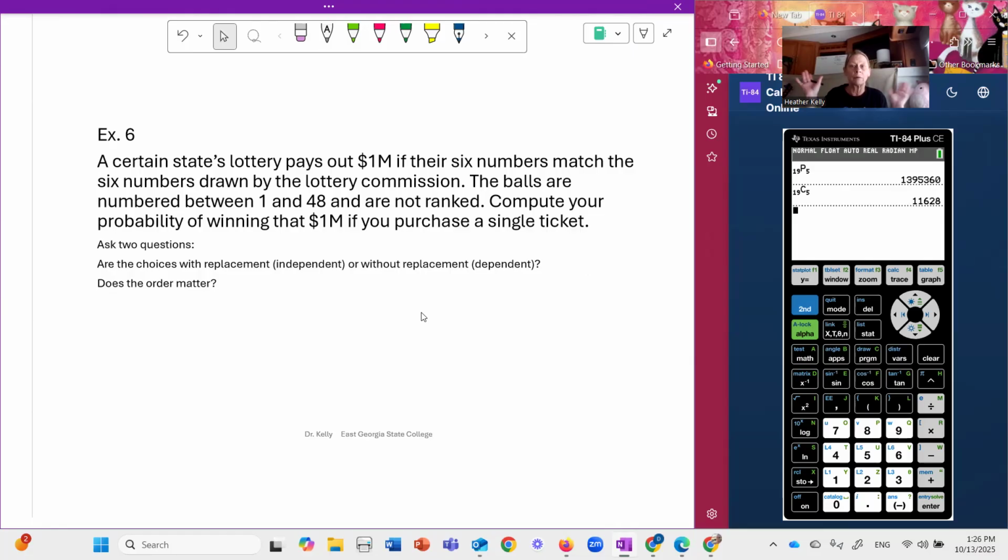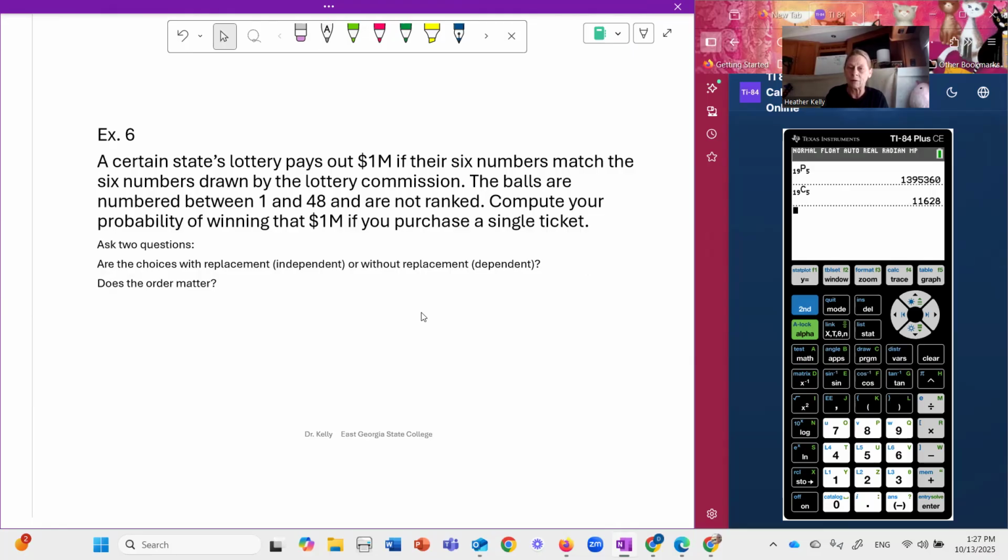So this is literally what we're going to do. We're going to compute your probability of winning $1 million with a lottery in this kind of situation. We're not talking Powerball. We're not talking pick four. This is just a very simple little example.